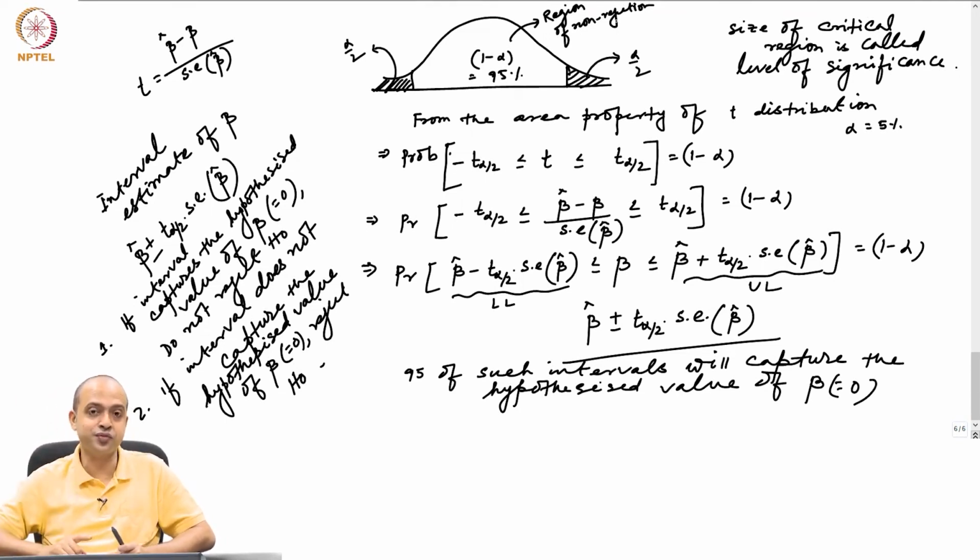Size of the critical region is also known as level of significance, and it is also known as probability of committing type 1 error. So, these three terms are interrelated: size of the critical region, probability of committing type 1 error and level of significance.